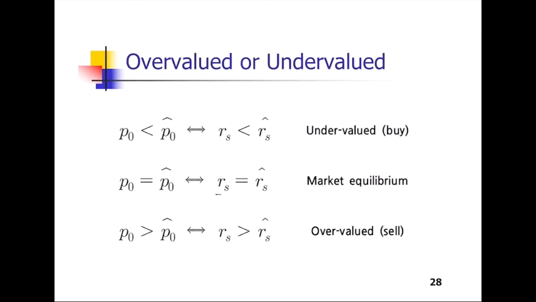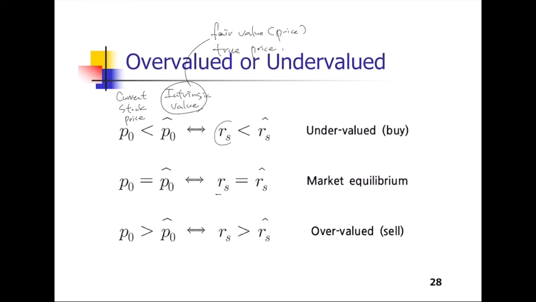Let me summarize this. P0 means current stock price, and P0 hat means what? Intrinsic value. We also call it fair value or fair price or true price.